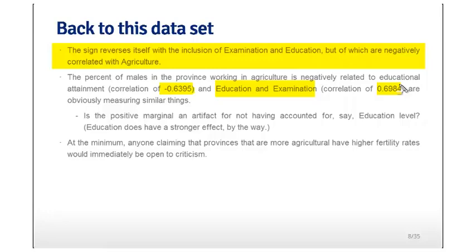So which one, with those variables in or with those variables out, is the right model? Okay. So one could conjecture in this case whether or not this positive marginal effect is an artifact of not, say, having accounted for education level.